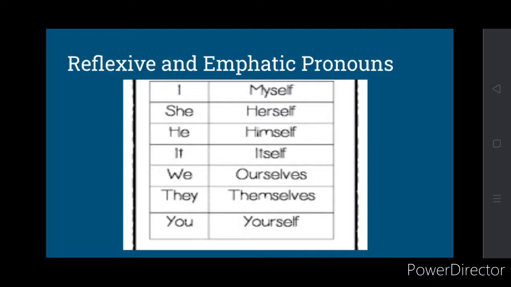If a sentence has I, we will use myself. If a sentence has she, we use herself. For he, we use himself, for it, itself. So basically we add self to those personal pronouns. We becomes ourselves, they becomes themselves, and you becomes yourself.